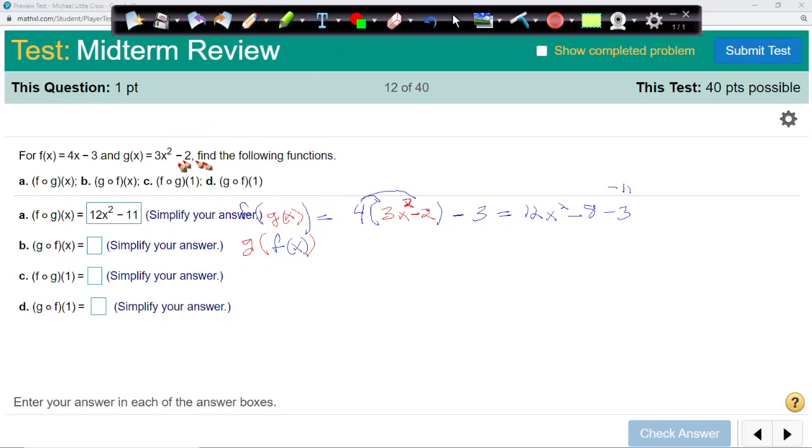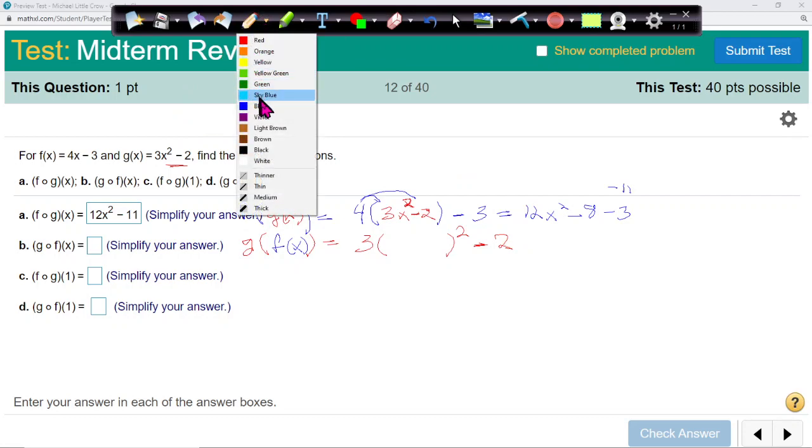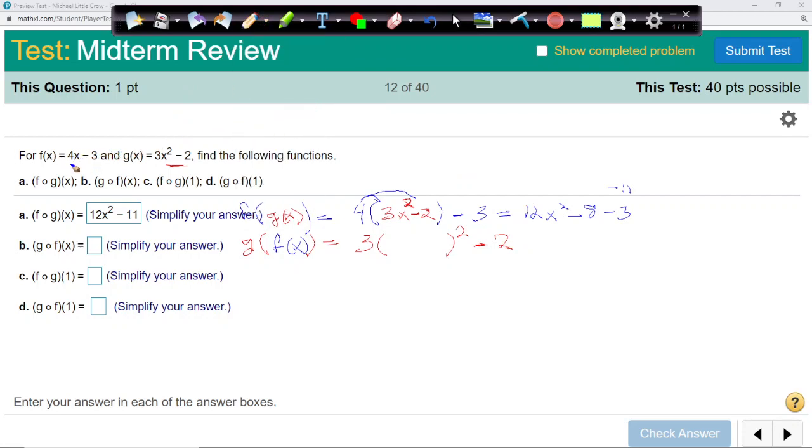So we take our g function here, and we're going to rewrite it as 3 big parentheses, that's x squared, 3x squared minus 2. What do we put in there? Well, we put the whole f function, f of x, or 4x minus 3. That's what goes in there.